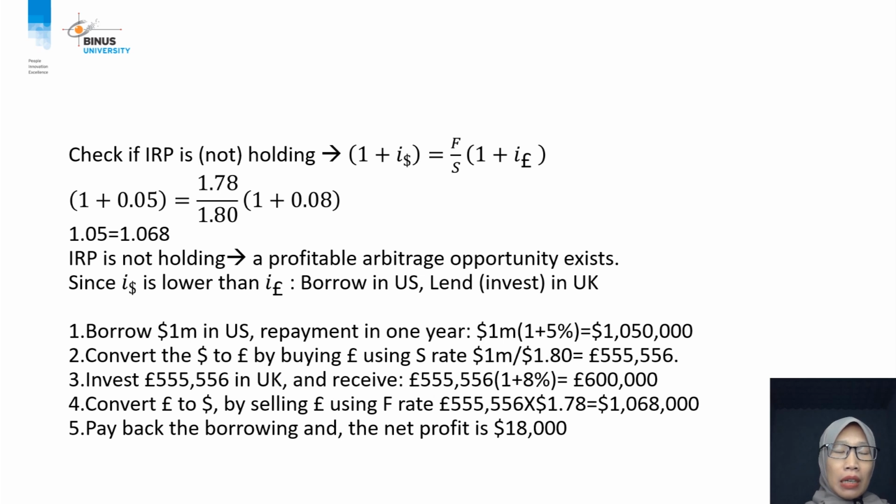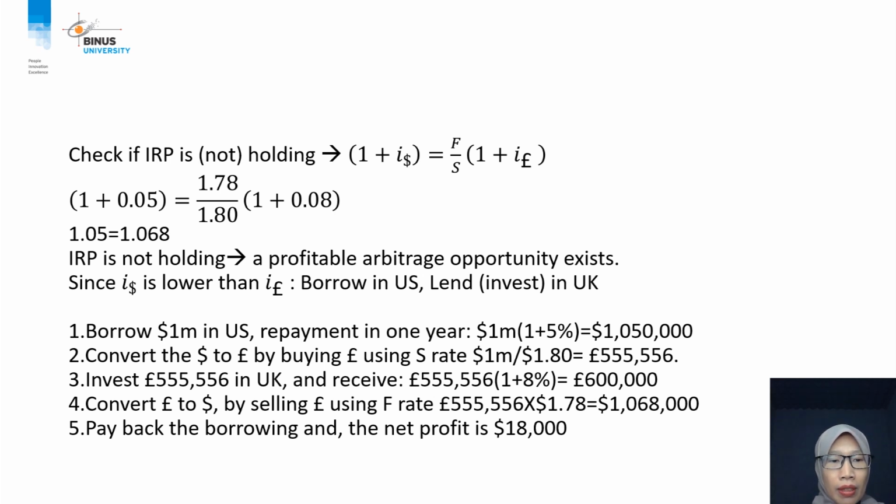Let's have a look. First, you have to check if IRP is holding or not by using this formula. So 1 plus the interest rate in the US is equal to the forward rate divided by the spot rate multiplied by 1 plus the interest rate in the UK. We apply the information provided to this formula and you're going to have 1.05 equal 1.068.